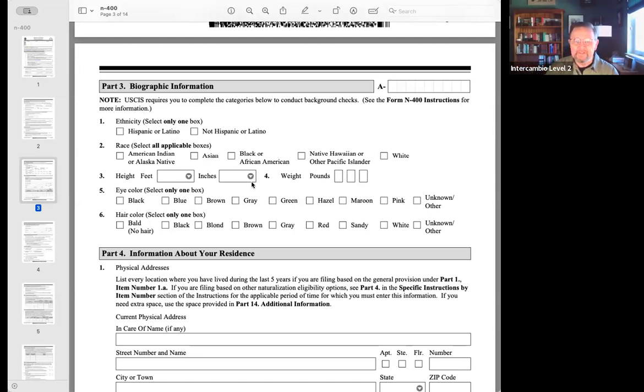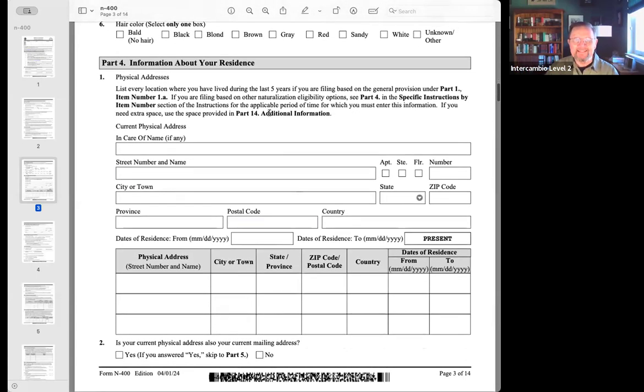So put your current weight here, irrespective of that. Your eye color, and here you can only choose one. Hair color, and you only choose one. And if you decide to dye your hair, that's okay. It's whatever color your hair is when you're applying, okay?